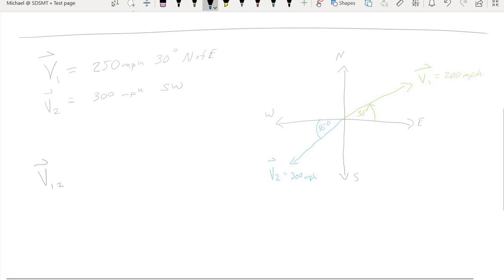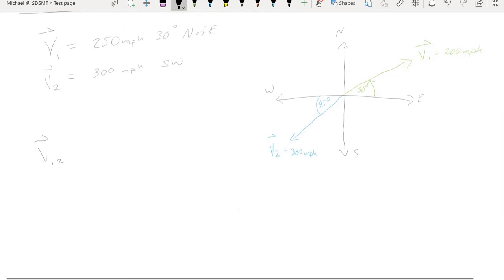So what we need to do to figure out the relative velocity between these two planes, we can think of this the same way as what we did with the cop car problem. We can take the difference in the two velocities, but which velocity do we subtract from which?